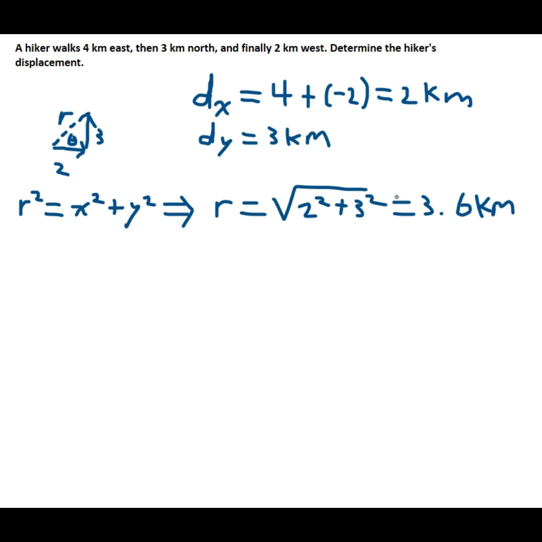Now we need to find this angle. We can use SOHCAHTOA. In this case, we'll use TOA because we are given the adjacent and the opposite components. And this means that the angle is equal to the inverse tangent of the opposite component divided by the adjacent component, which is equal to 56.3 degrees.